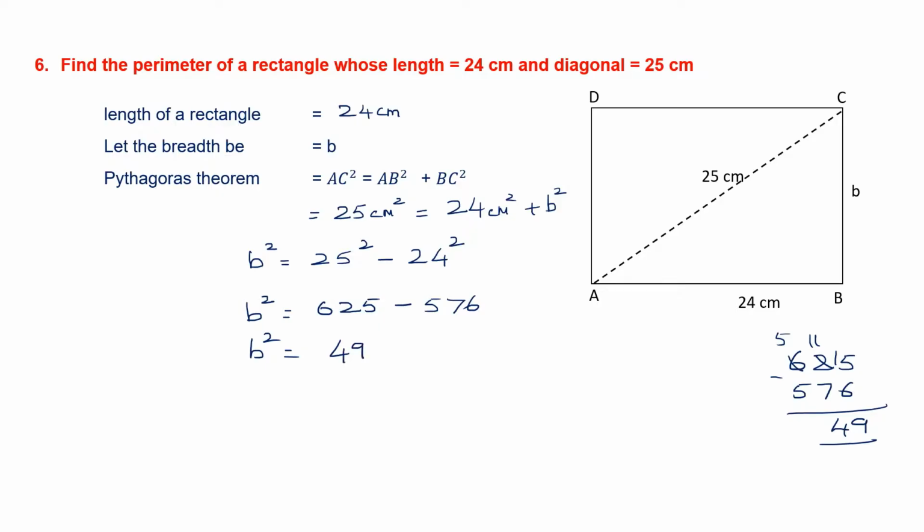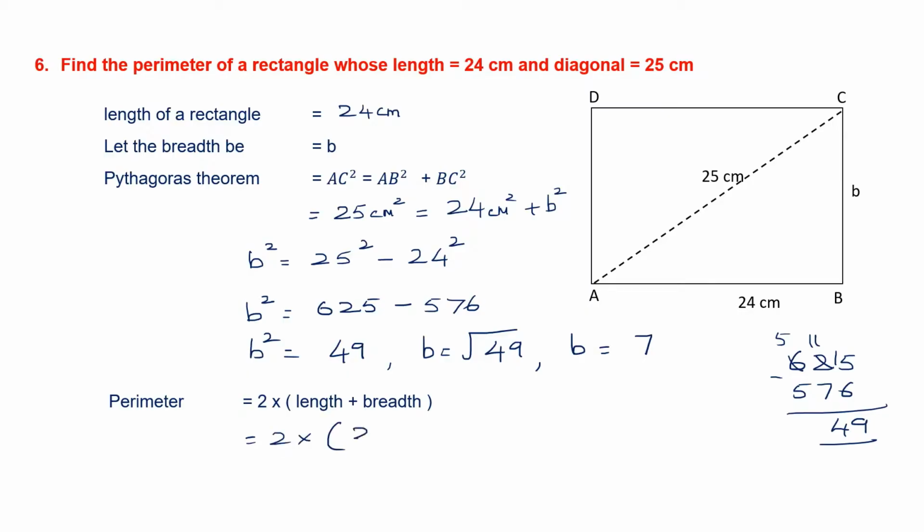So B is equal to the square root of 49. That is, B is equal to 7. The square root of 49 is 7. So we have found the breadth. Now let's find the perimeter. Perimeter is 2 into length plus breadth. Length is already given to us as 24 centimeters. We just found breadth to be 7 centimeters.